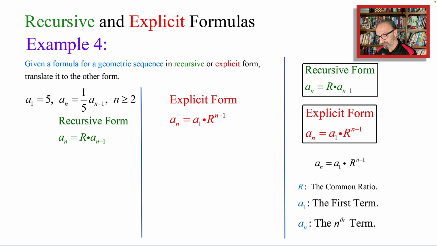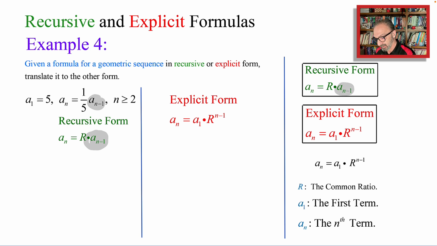Now, we agreed that the form that is given to us is the recursive form, the green one. And as you could see, we have a sub n minus 1, a sub n minus 1.